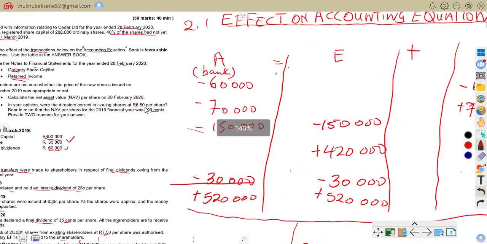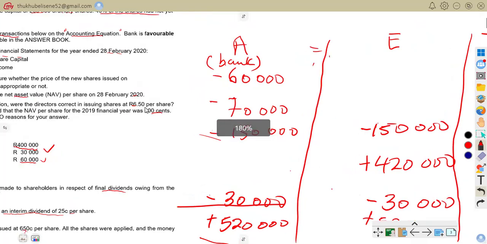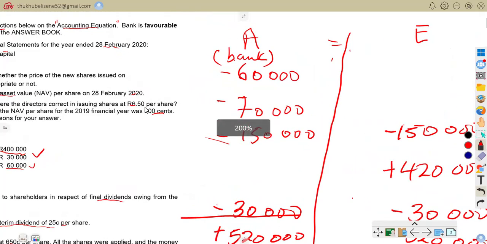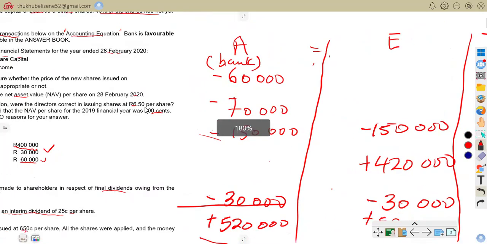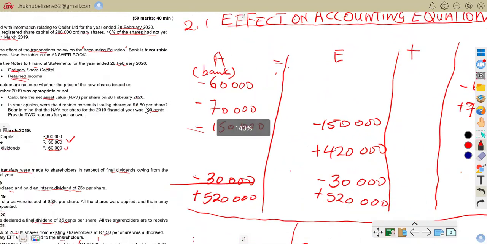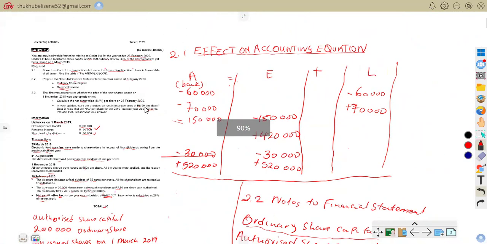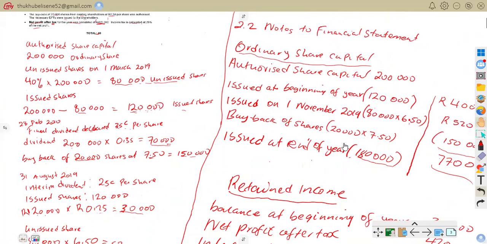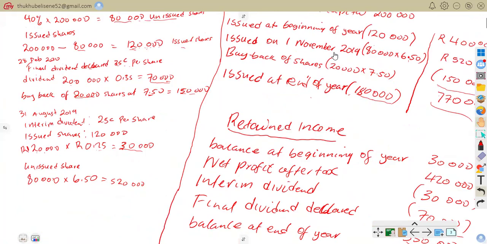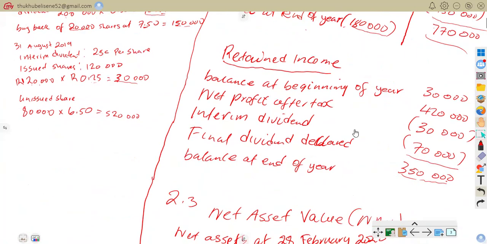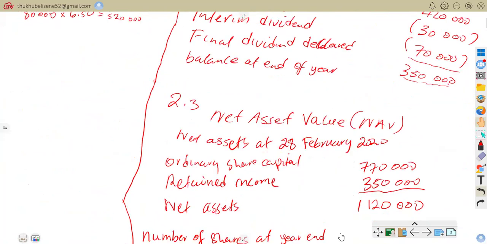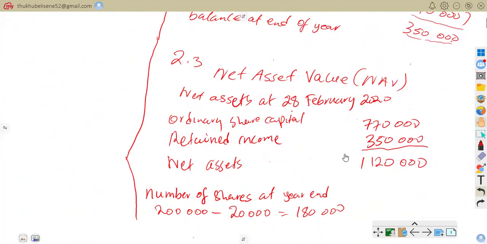So let us go straight to giving our answers. We are on 2.3, where now we are to give the reason.